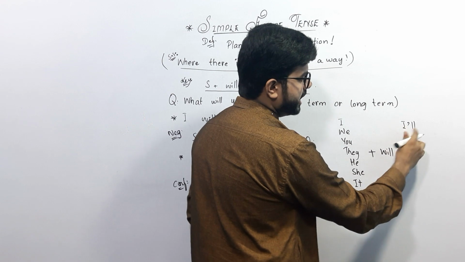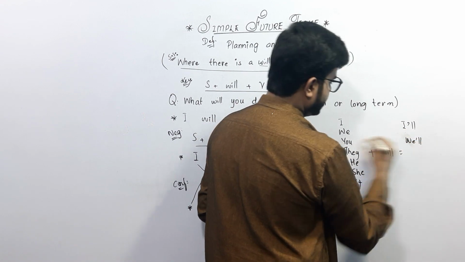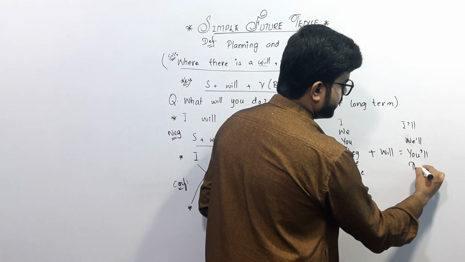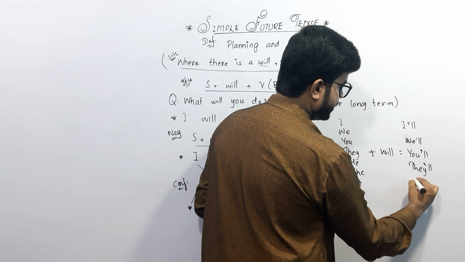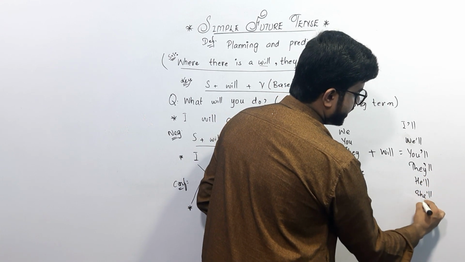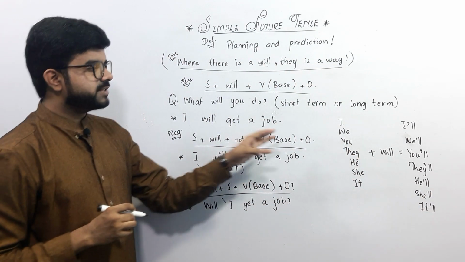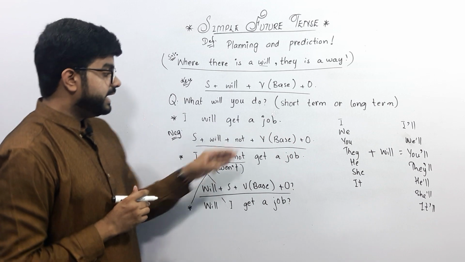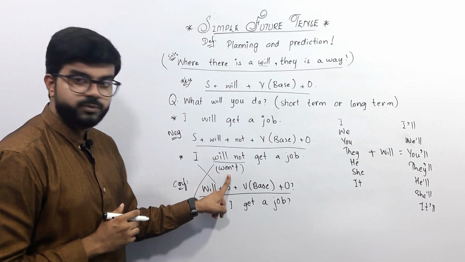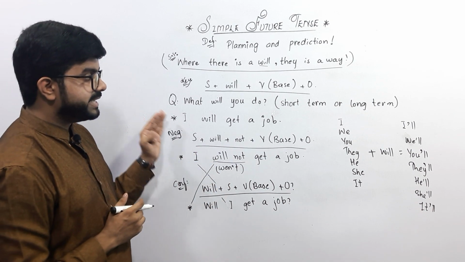Like this is going to be I'll, we'll, you'll, they'll, he'll, she'll, and it'll. Right? So these are the contractions we use in positive sentences, and in negative we simply combine will and not and it becomes won't.